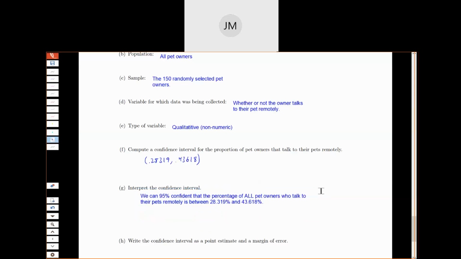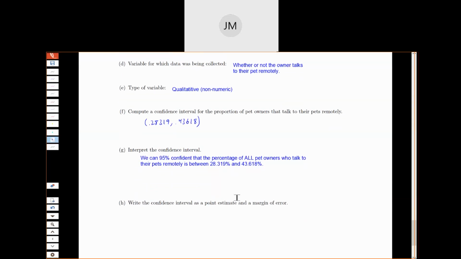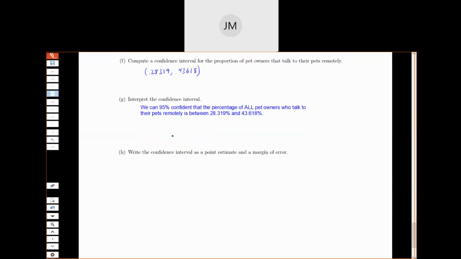All right. Write the confidence interval as a point estimate and a margin of error. This is the way that we usually see confidence intervals in the media that we consume. What I'm going to do here is more work than you need to answer the question, but I want it to make sense.